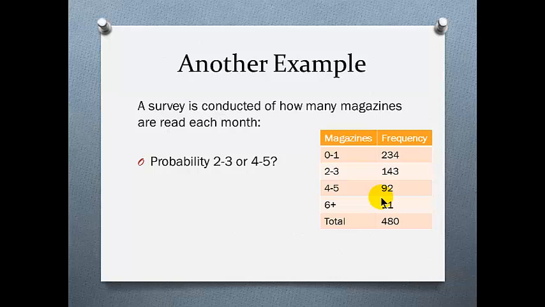There's no overlap between those. So with mutually exclusive events, there's nothing to subtract. We just add the 143 plus the 92, which is 235, out of the total, which is at the bottom for us, 480. And when we divide, we get a probability of 0.490.